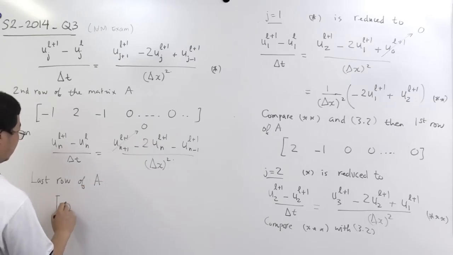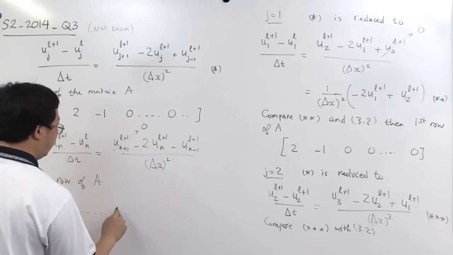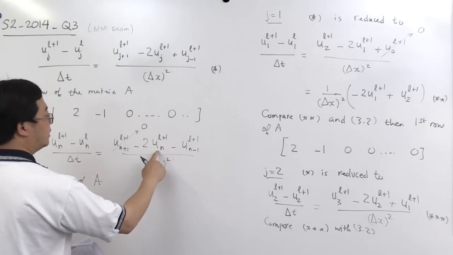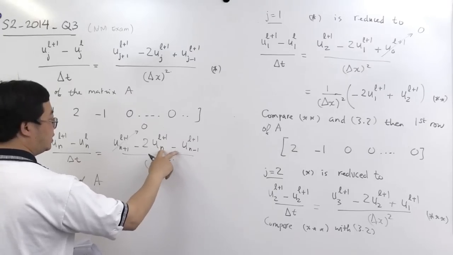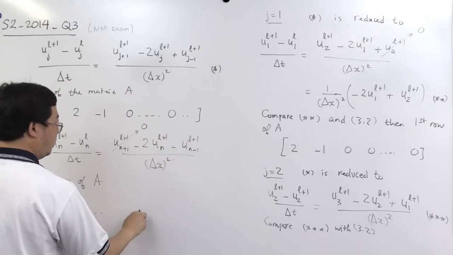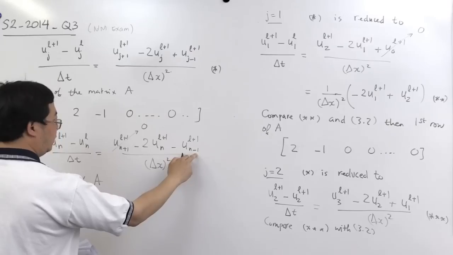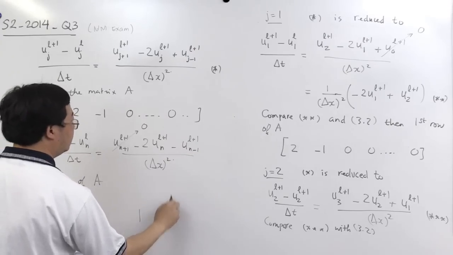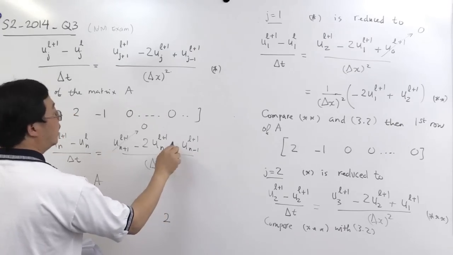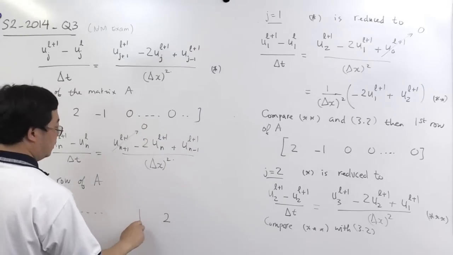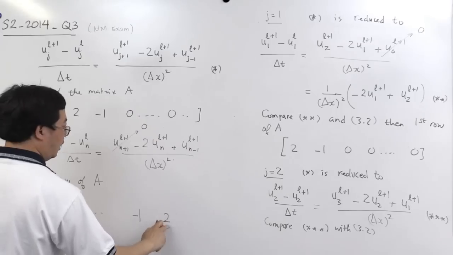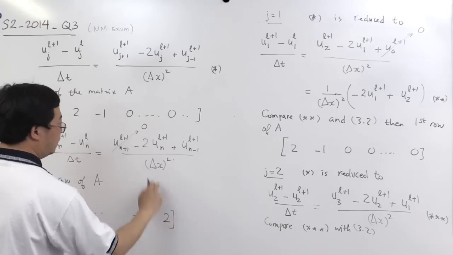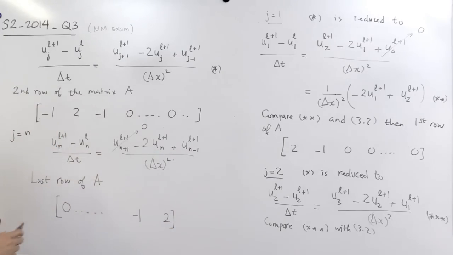So you have a lot of zeros in the front, and in the very last, only the second last entries, you have minus 1 for u n minus 1, and 2, there's a plus here again, so there should be a plus, 2 for the last u n.